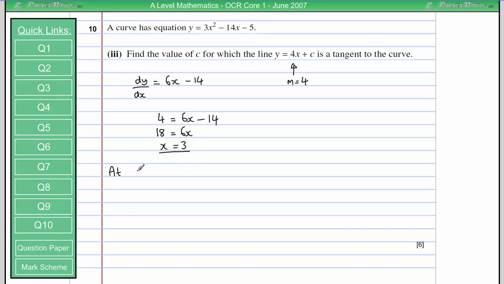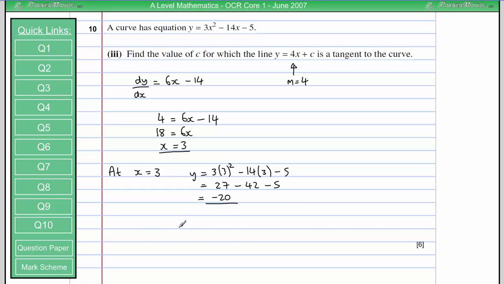So at x equals 3, we can say that y is 3 lots of 3 squared minus 14 lots of 3 minus 5. 3 squared is 9, times that by 3 we get 27. 14 times 3 is 42, so we're going to subtract 42 and then subtract 5. And if we do that, we get minus 20.